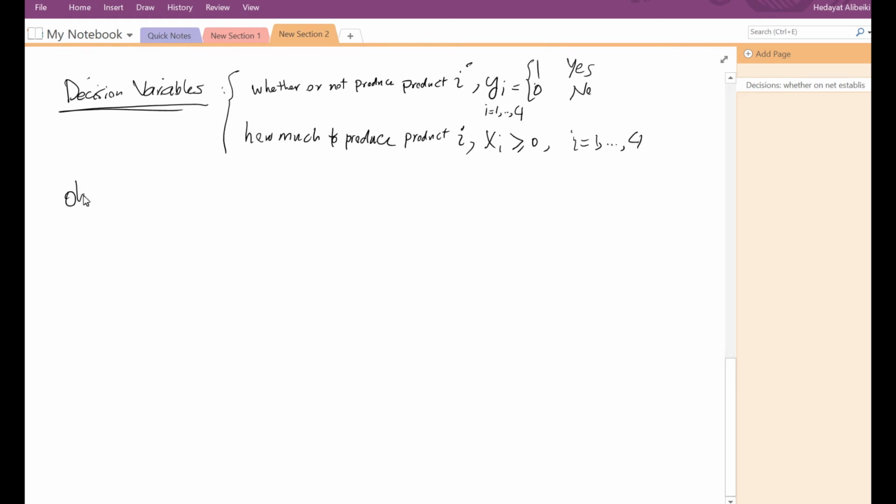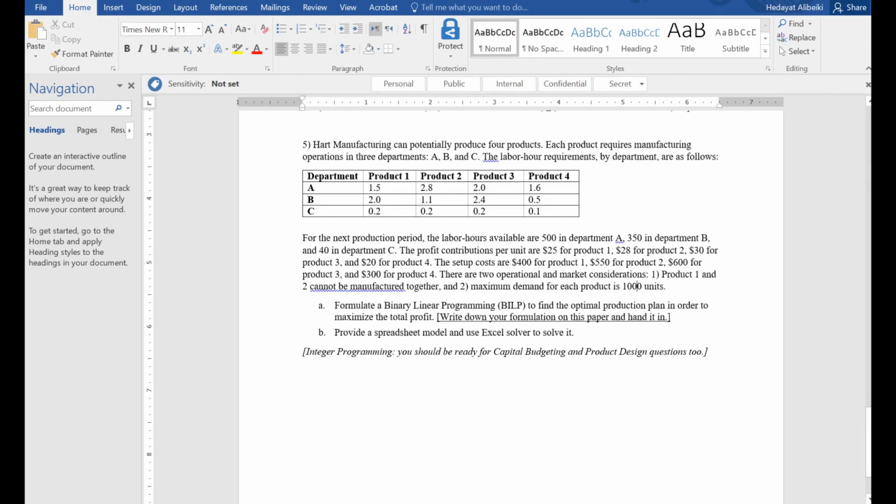So the objective function that we want to maximize here, if we go back to the question, is the total profit. So we want a production plan.